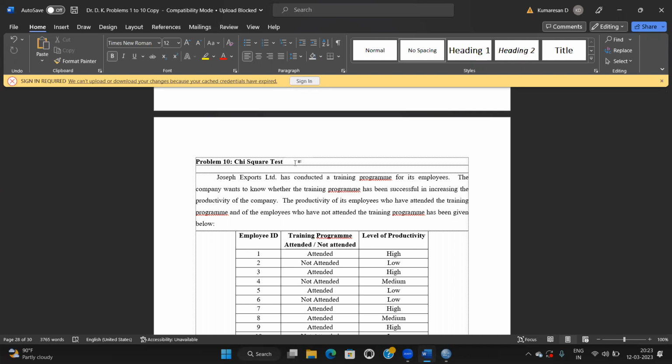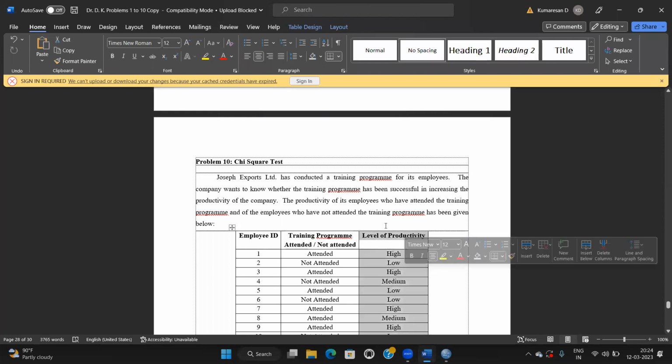In what way is it different from the Mann-Whitney U test? See here, there are two samples, attended, not attended. Level of productivity: high, medium, low. It is ordinal data.